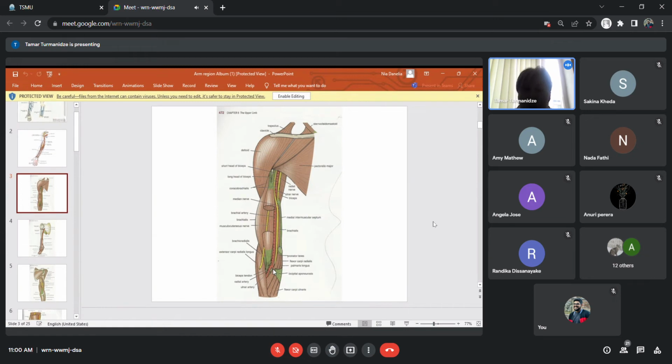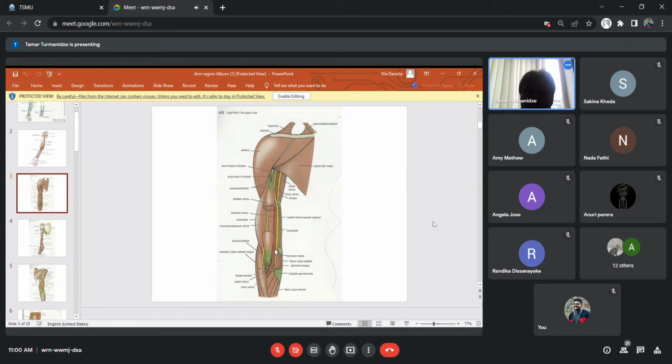Veins are not shown on this picture, but the brachial artery is accompanied by two brachial veins. So deep vessels, we have brachial artery and two brachial veins.